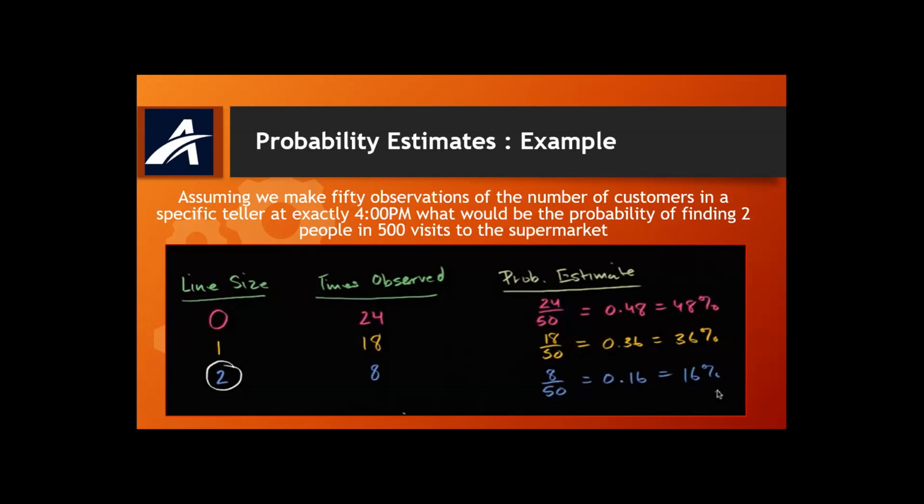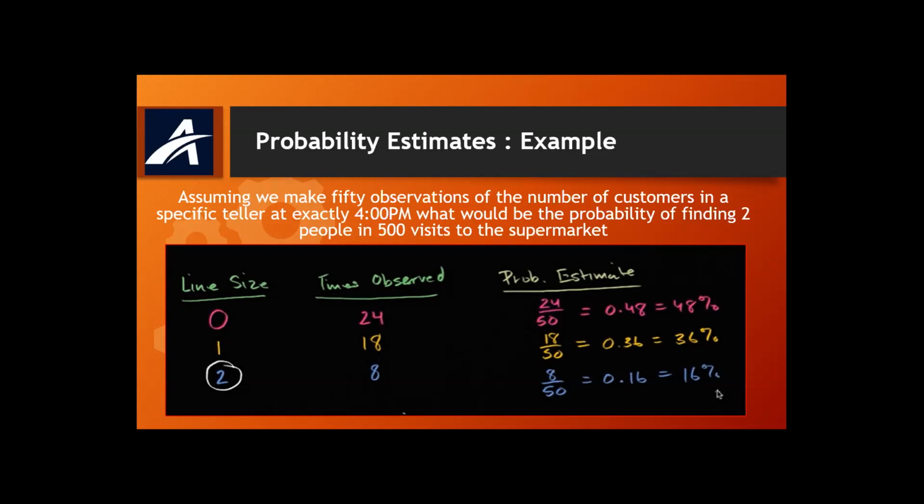Since our data set is a shopping data set, let's look at if you were to just walk into, say, Tuskys and observe the number of people queuing on a specific teller at exactly 4 p.m. You pick one branch, and you go to that branch every single day for the next, say, 500 visits. When corona, with no other work to do, your job is to count the people in the queue.